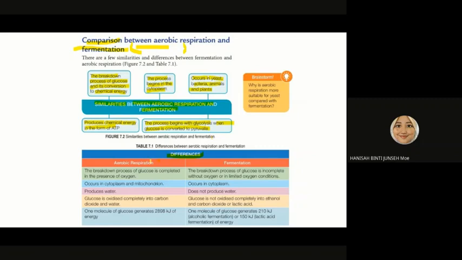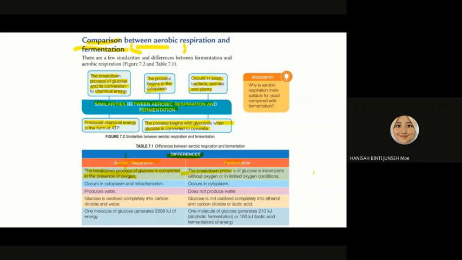Untuk aerobic respiration, now we go to the differences. Okay, this is in terms of oxygen. Okay, for aerobic respiration, the breakdown process of glucose is complete because in the presence of oxygen. Fermentation, senang je ambil ayat dia ni, tapi kamu tambah saja, change dia kan.